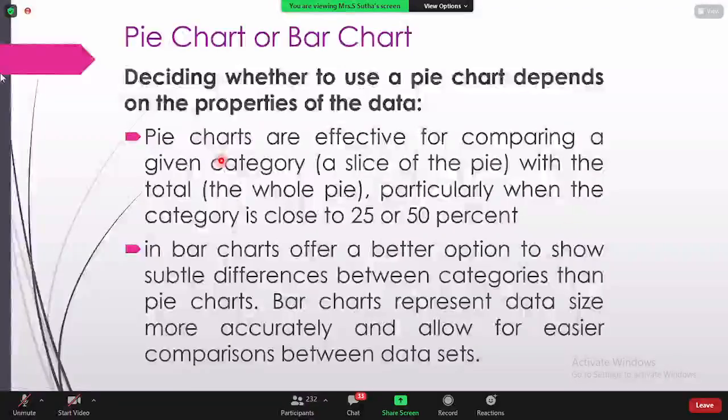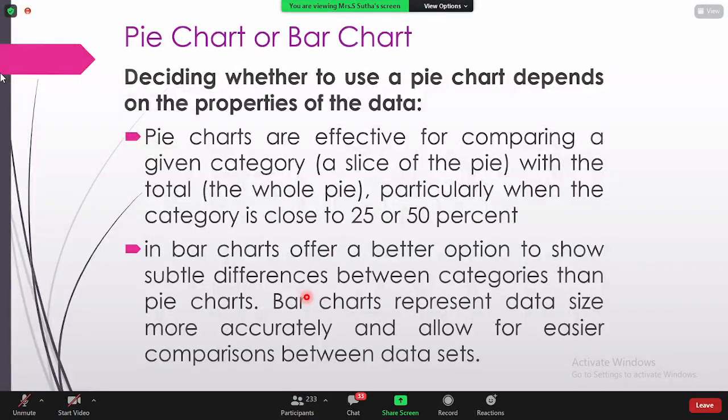You can easily compare the given category with the total, right? But bar charts offer a better option to show subtle differences between the categories. Major differences, from very smallest to very largest, then the bar chart is more preferred, right? And also the number of categories. When taking the pie chart, with 6 or 7 non-overlapping classes, the pie chart is better.